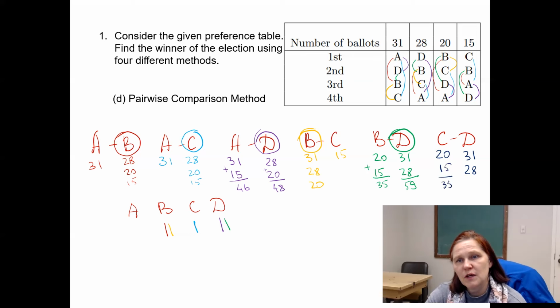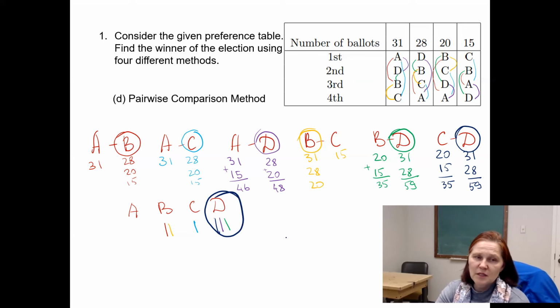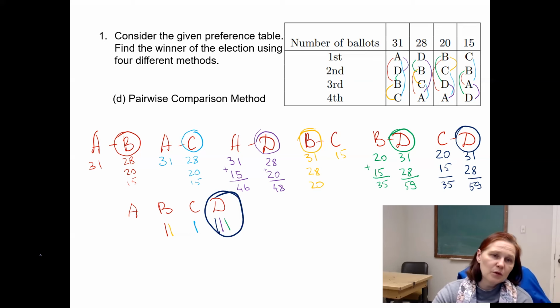So 35 versus 59. D wins in this comparison and gets another point. So D wins by pairwise comparison, getting more points than any other candidate. Okay, 4 different methods, 3 different winners.